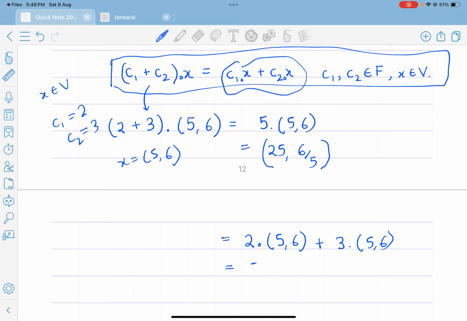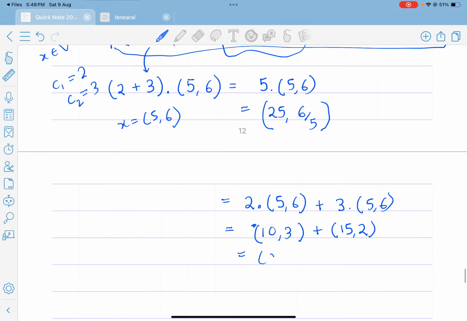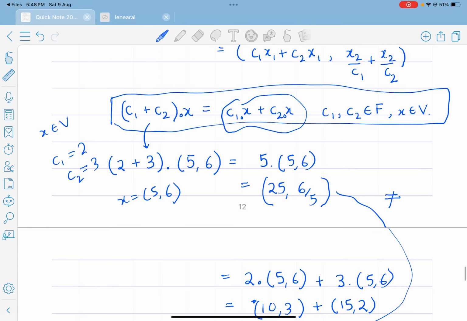So this will be 5 into 2, 10, 6 by 2, 3. And 3 dot 5 will be 15, and this one will be 2. So this gives me (25, 6 by 5) on one side, and (10 plus 15, 3 plus 2), that is (25, 5), on the other. Can you see these two are not equal? So this condition is not fulfilled.